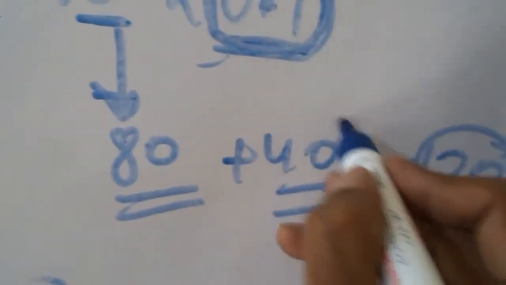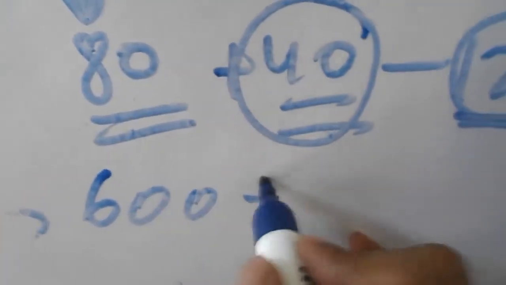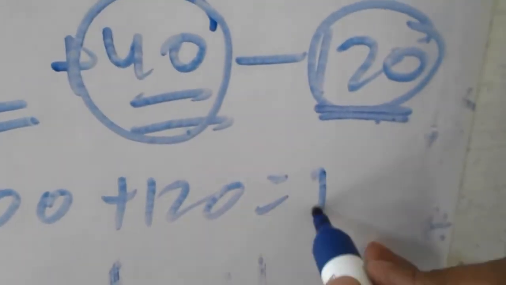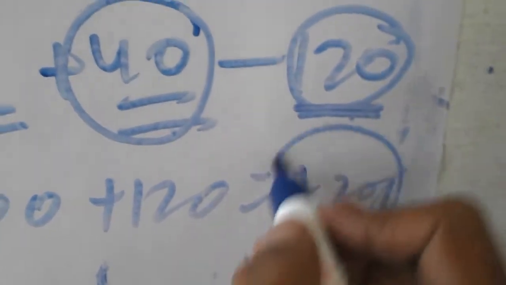This will become 120, and this 40 is by the spring, so 80 plus 40 is equal to 120. And 600 plus 120 should be 720 joule, and this amount will be supplied by the heater. So we had calculated the final temperature and the work.